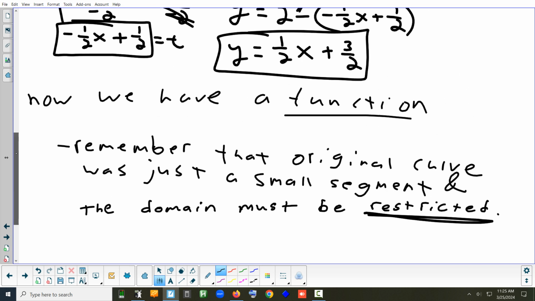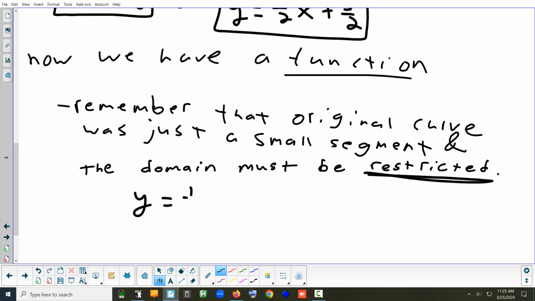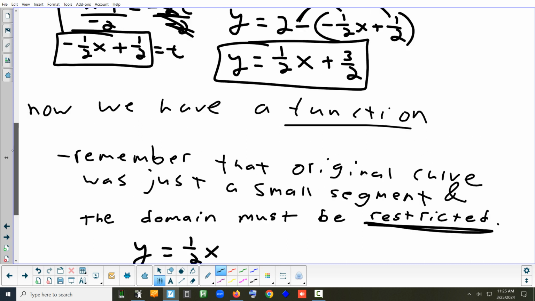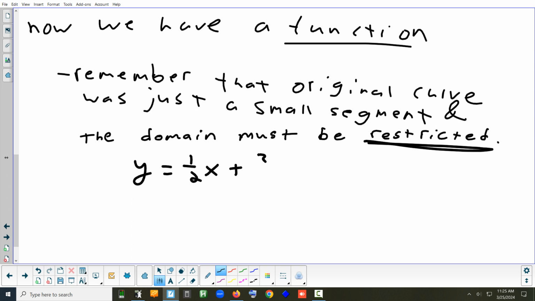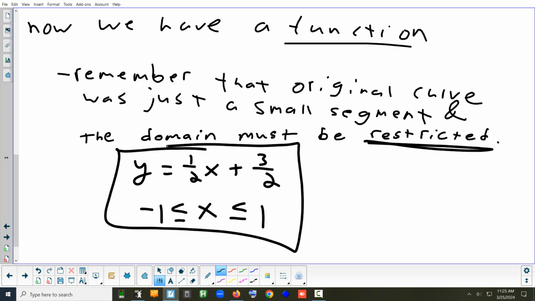So the full answer is y equals 1/2 x plus 3/2, and x is greater than or equal to -1 and less than or equal to +1. That restriction needs to be there. And those two numbers come from the start and the end of your parametric curve. Just the x value. That's all you need.